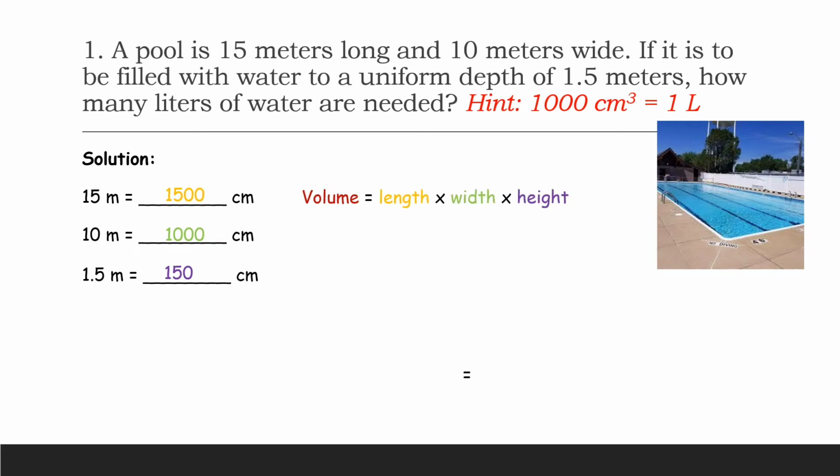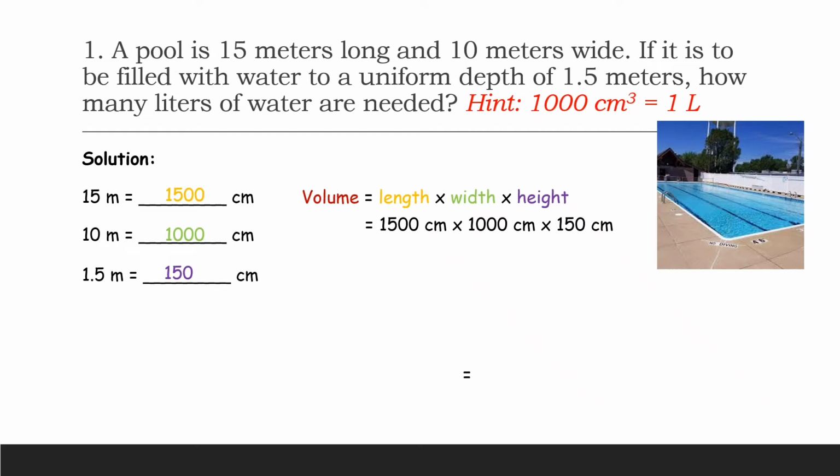So, napag-usapan natin yung volume. So, ang volume, sabi natin, ang formula niya ay length times width times height. Okay. So, kanina, na-convert na natin yung given natin from meters to centimeters. So, let us use those numbers in getting the volume of the pool.